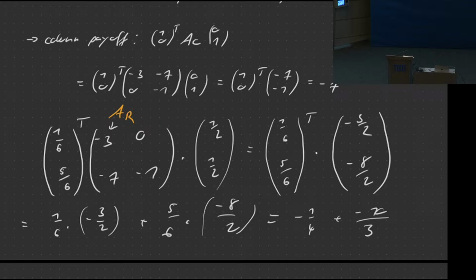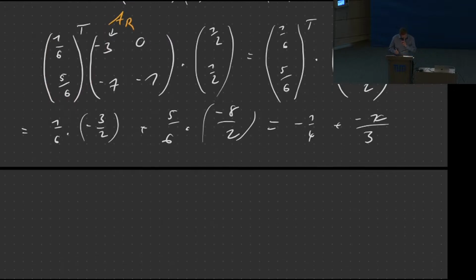Why are we transposing the row strategy? We're transposing that because of the rules of matrix multiplication. So you mean this one here, right? My point is, if you want to do this matrix multiplication, here you have a 2 by 2 matrix. If you multiply something from the right, that has to be a 2 by something, in this case a 2 by 1.